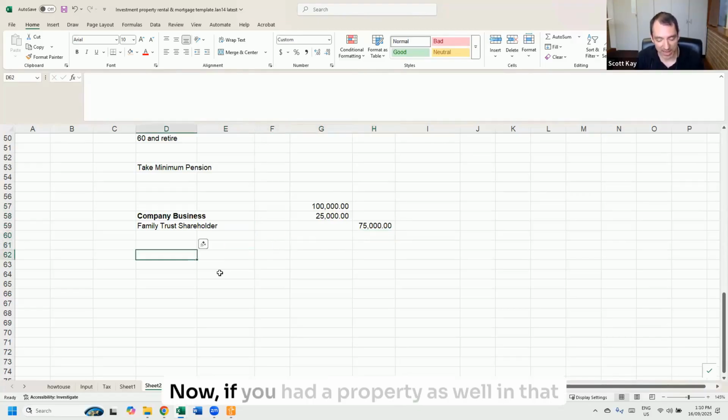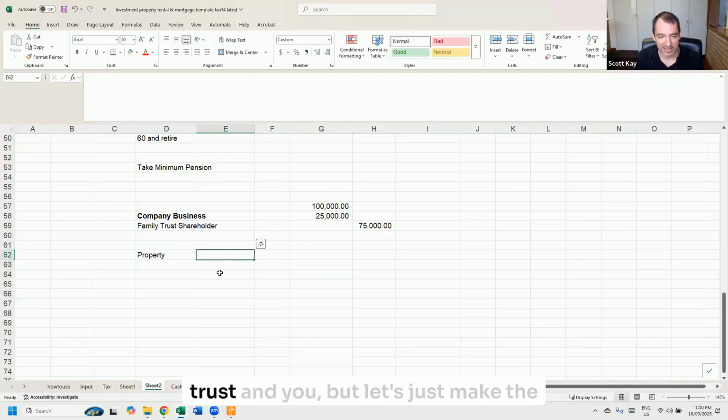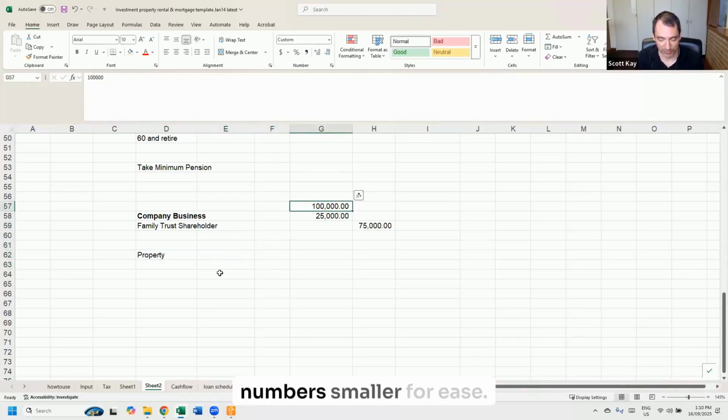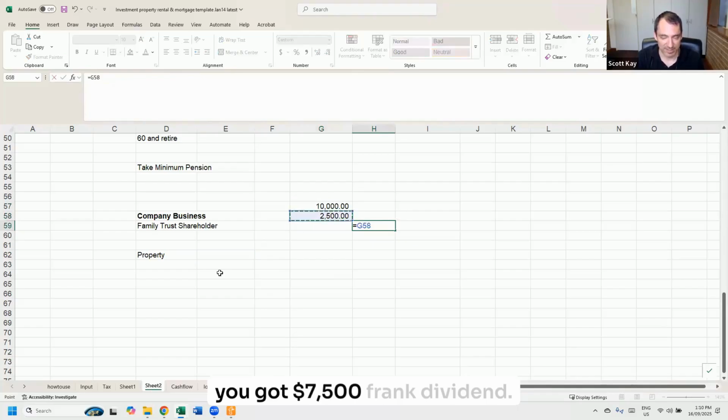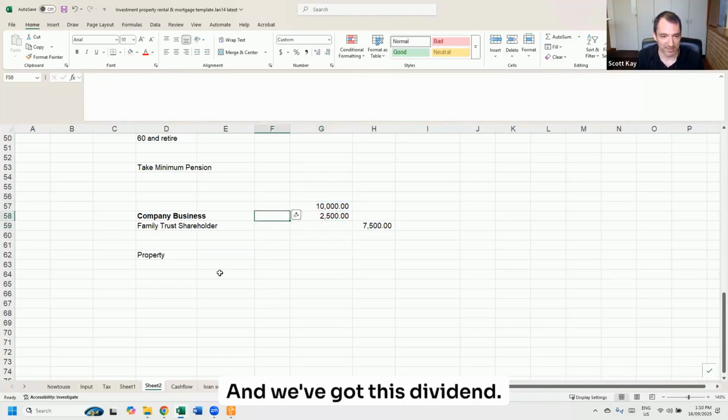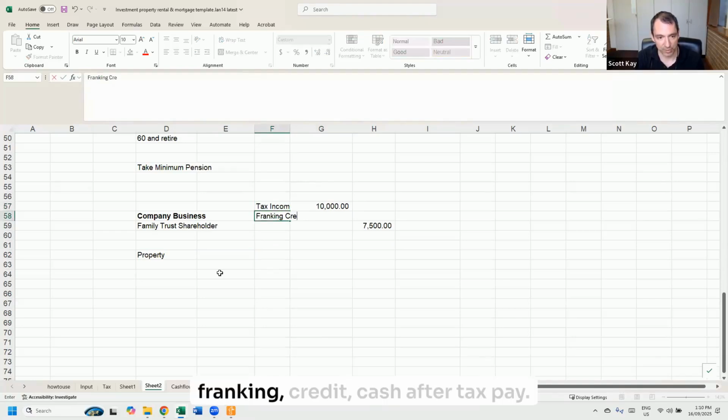Now, if you had a property as well in that trust, and let's just make the numbers smaller for ease. Let's say you made $10,000 profit, and then you got a $7,500 franked dividend, and we've got this dividend, taxable income, credit, cash after tax paid.